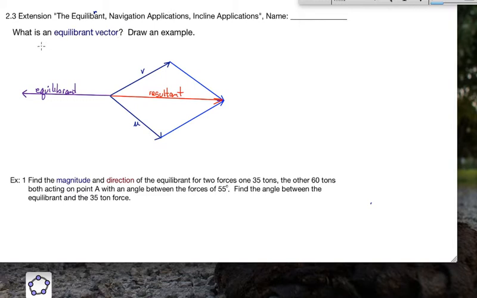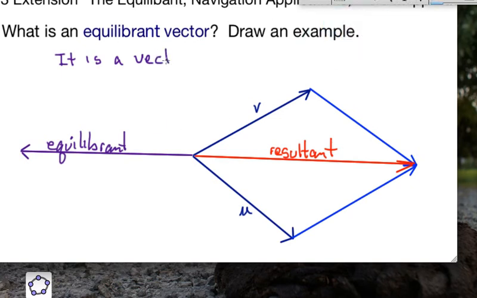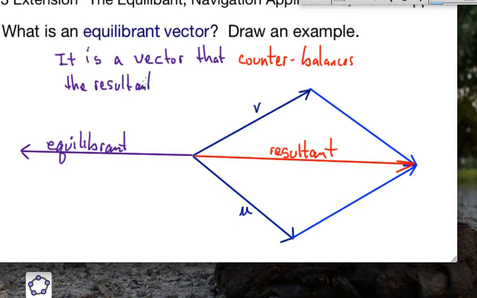Alright, so what is the equilibrant vector? It is a vector that counterbalances the resultant with equal magnitude but opposite direction.